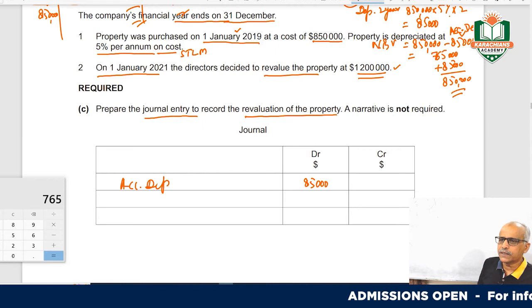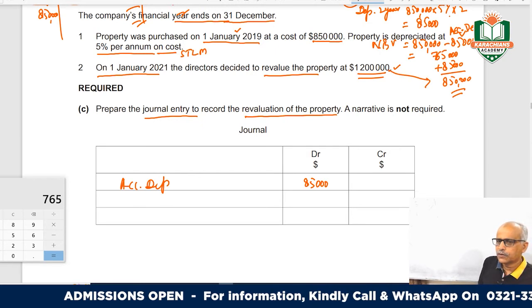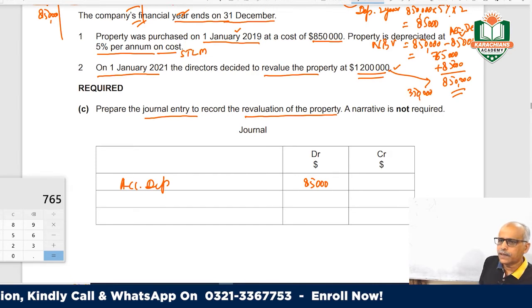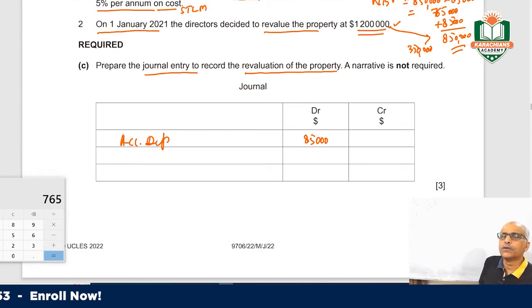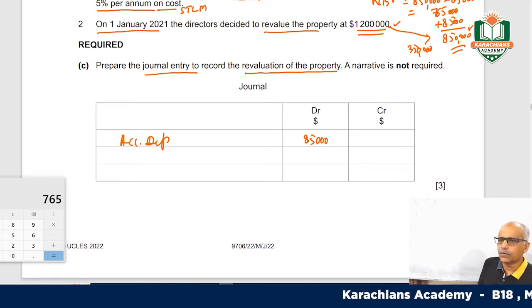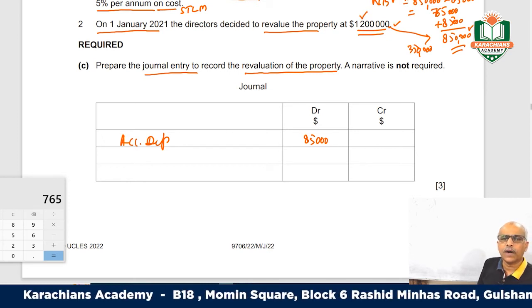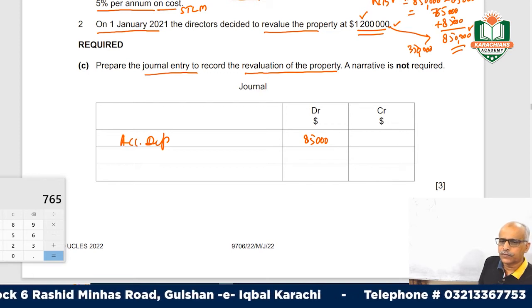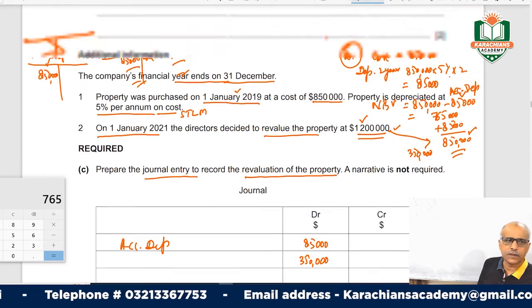Now how much are they asking? The revaluation is 1,200,000, so the difference is 350,000. You are making an upward revision.